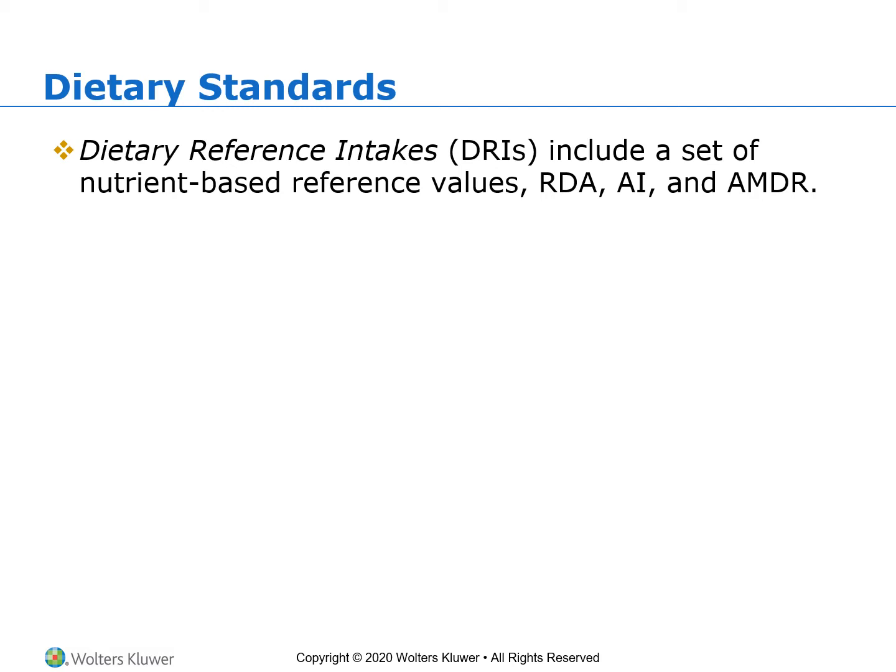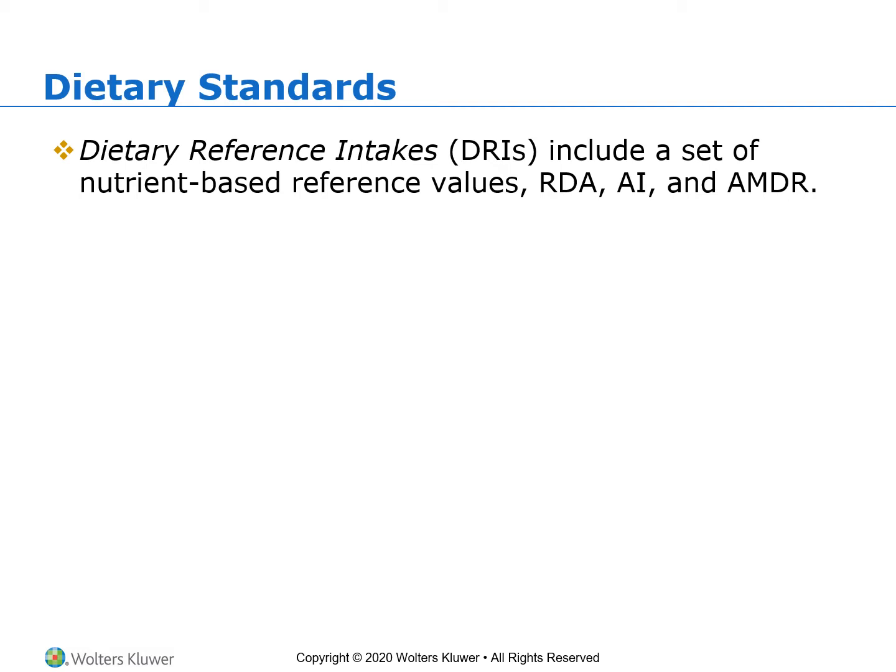So we need, as healthcare provider, to get ourselves familiar with these. And these recommended DRIs for nutrients, vitamins, minerals, you can find them on the U.S. Department of Agriculture Food and Nutrition Information Center website.